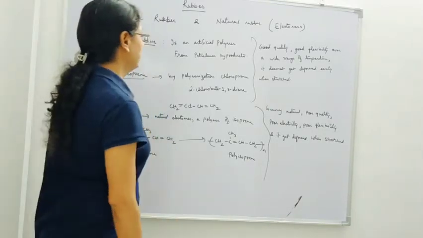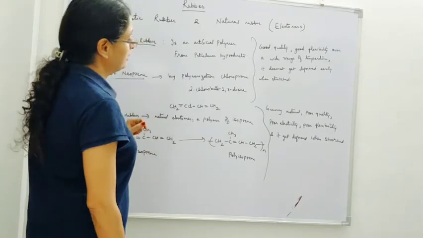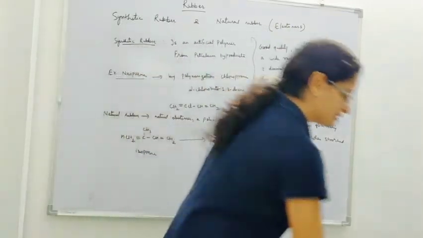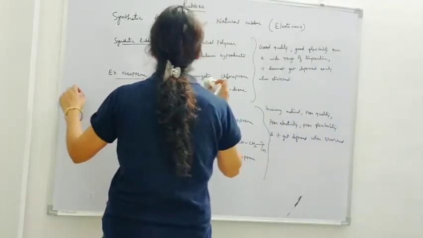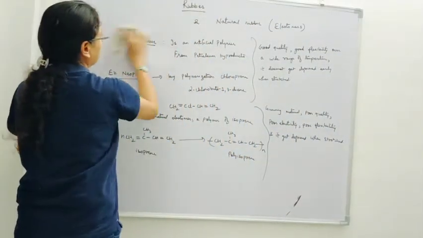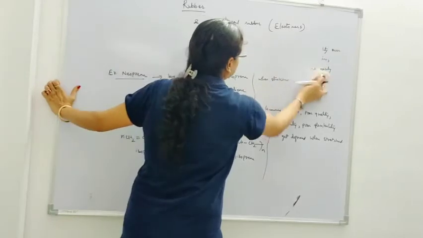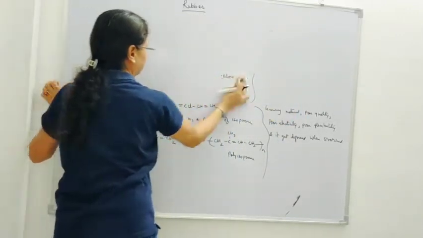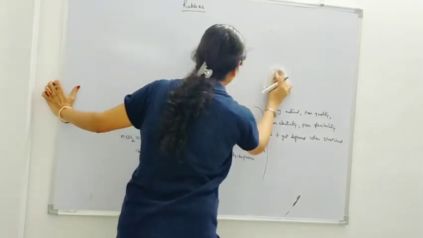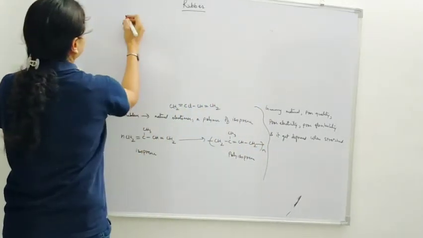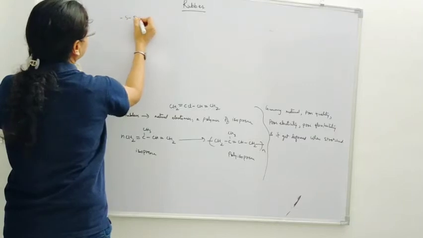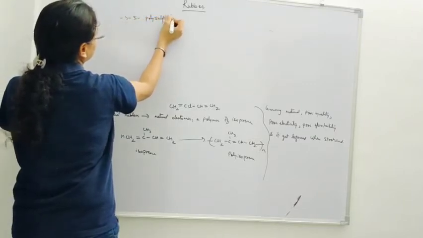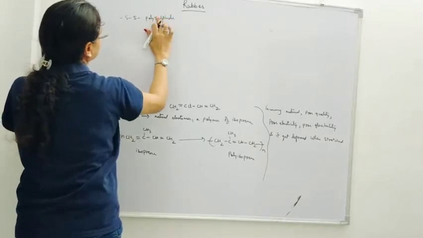Now how can the quality be improved? We can introduce some S-S polysulfide cross links into this. That is, in order to enhance the quality of this rubber, we can introduce some S-S polysulfide cross links.